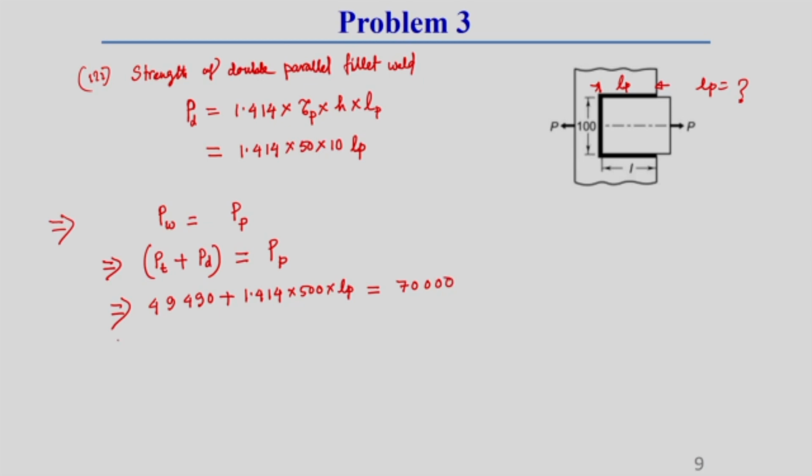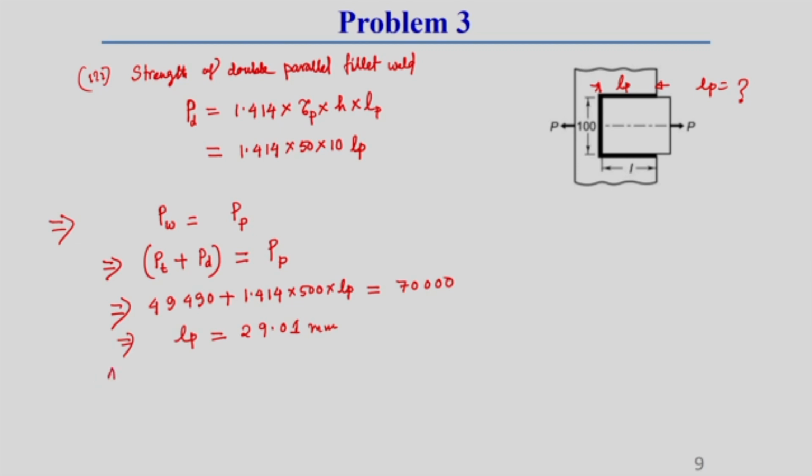So, from here we can get the length of the parallel fillet weld as 29.01 mm. Here also you should keep one thing in mind, that you should add 15 millimeter for starting and stopping of the weld run.